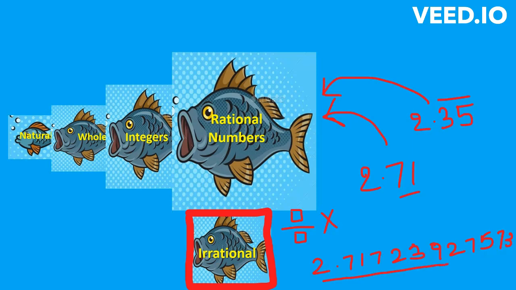But this one is an irrational number because there are no finite decimal places. It goes on infinite. So pi is also an irrational number, because it has decimal values which never stop. No one knows how many values there are.